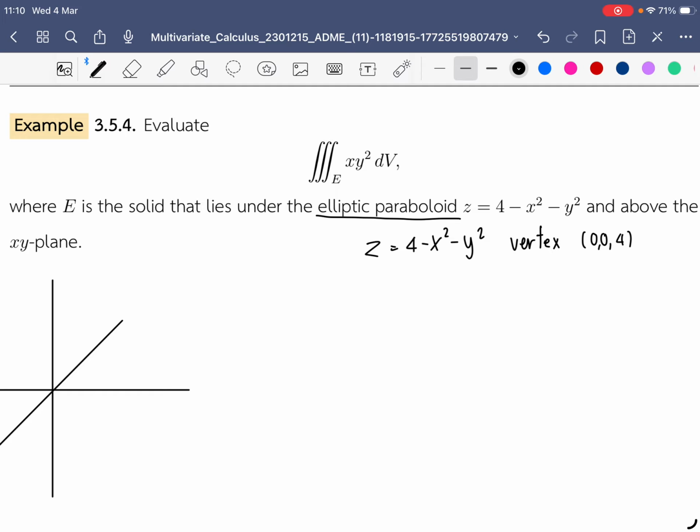The second one, which I prefer, is this: you're going to have the maximum z, right? Minus x squared minus y squared must be non-positive, so your z here must be at most 4. And that represents the highest point. This is because x squared plus y squared must be non-negative.